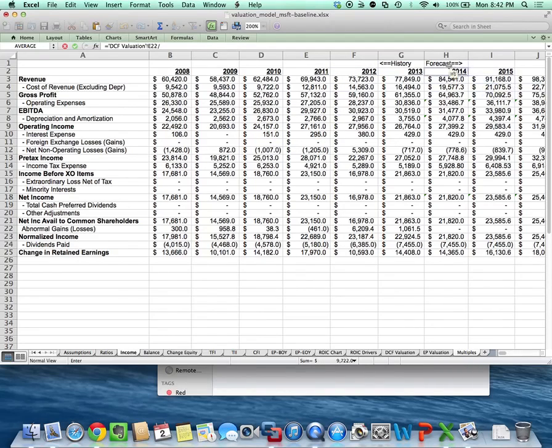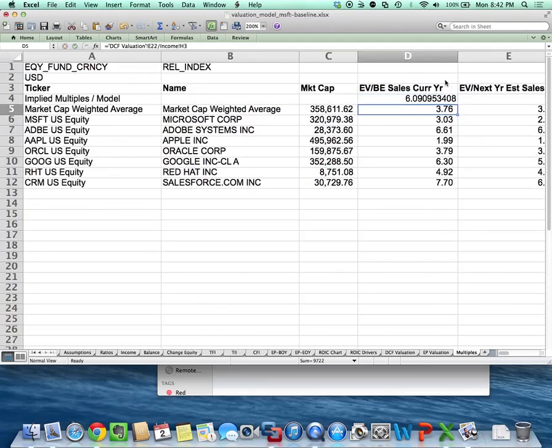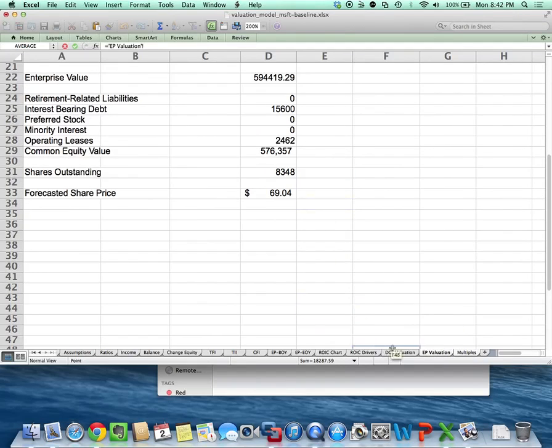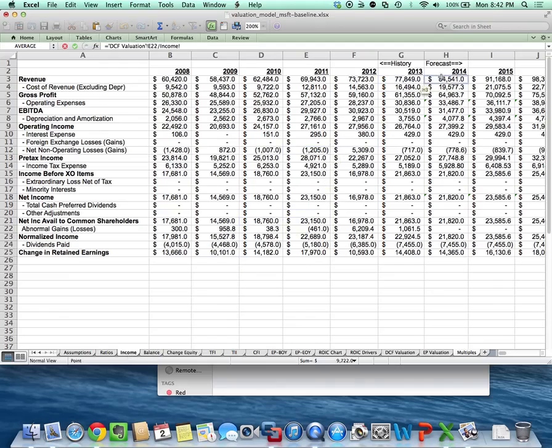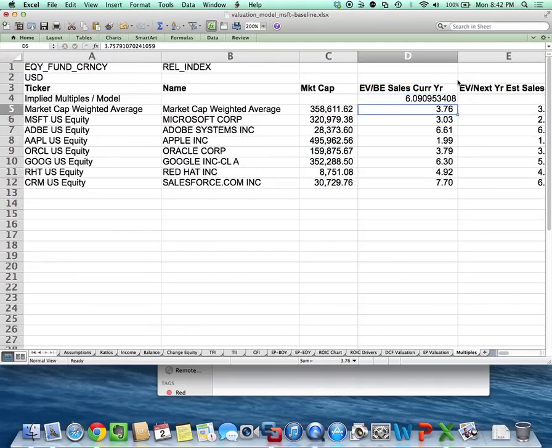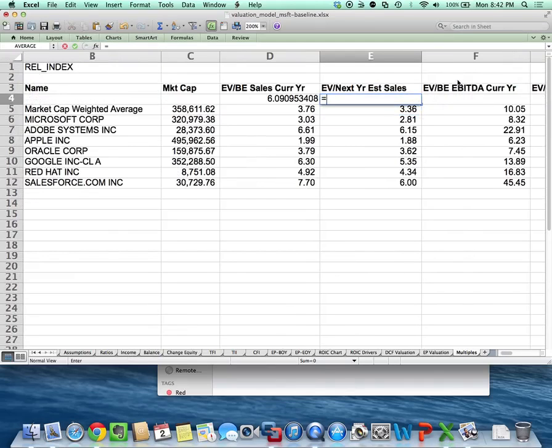Divided by sales 1, equals enterprise value to sales 1, and equals, where is it?